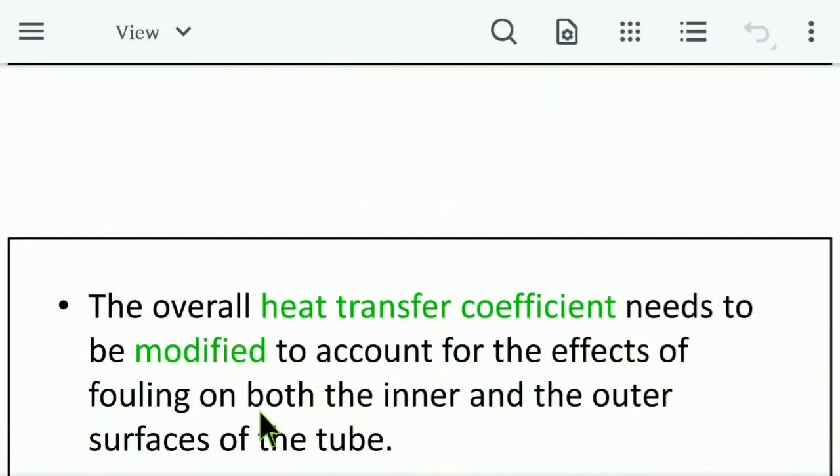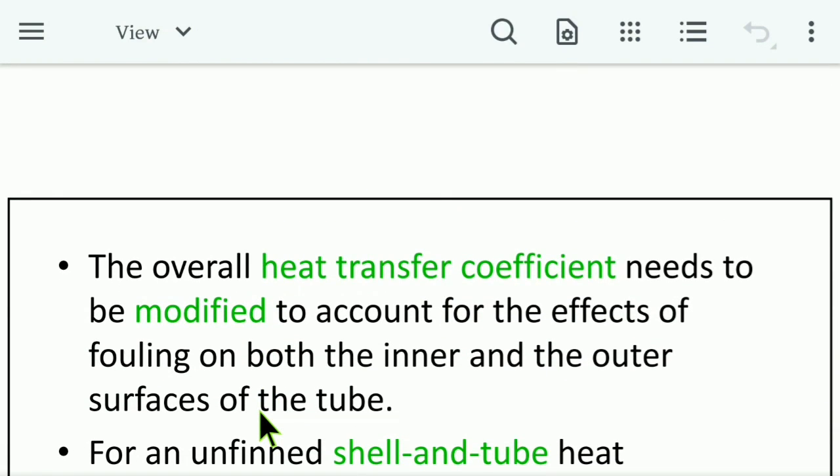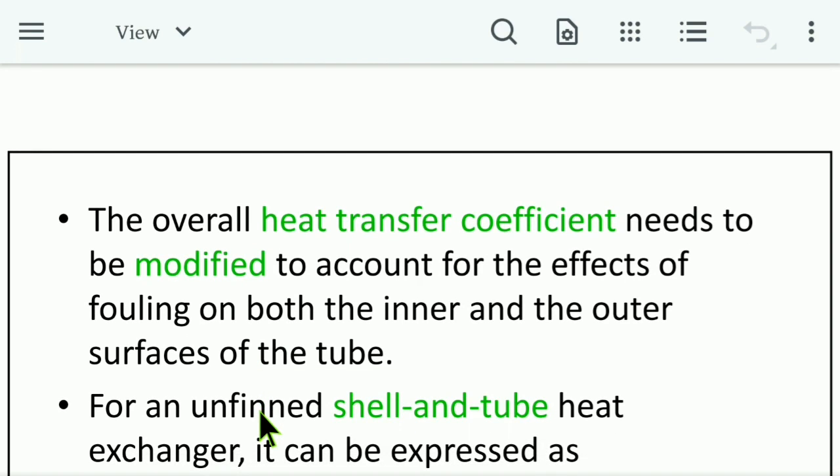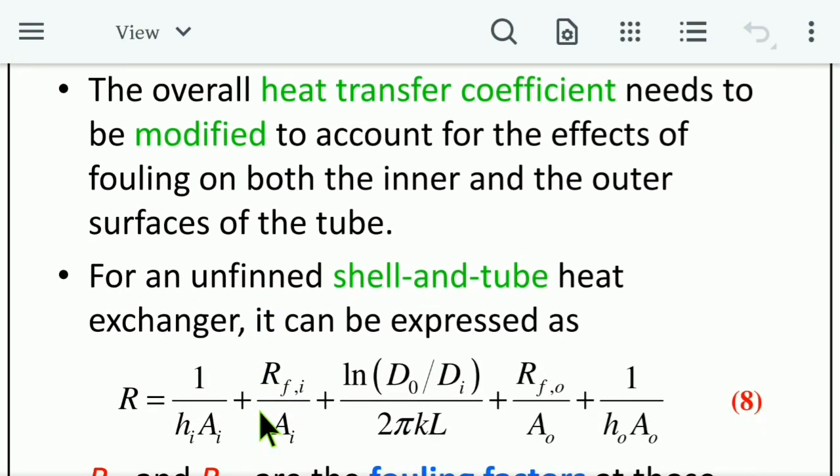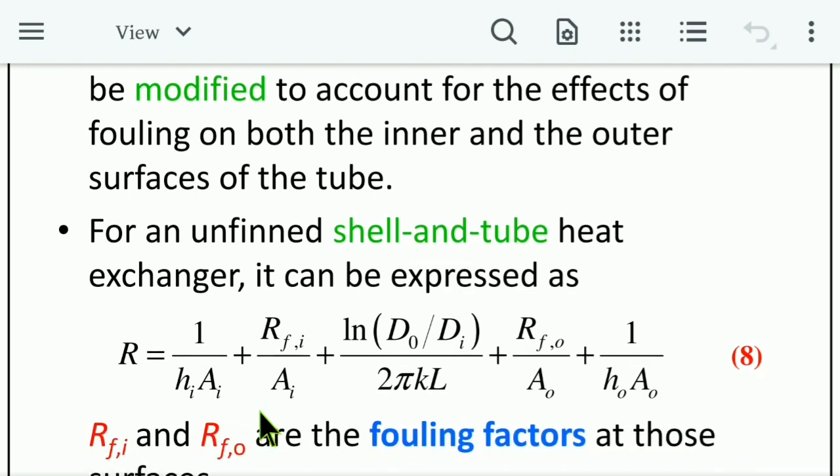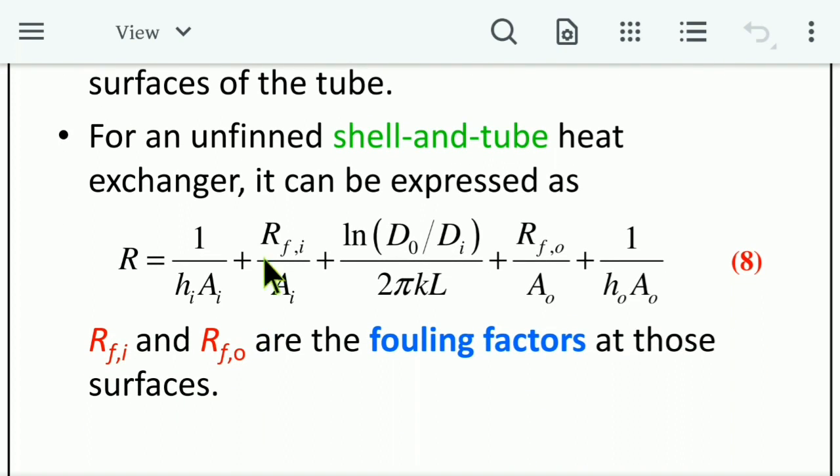The overall heat transfer coefficient needs to be modified to account for the effects of fouling on both the inner and the outer surfaces of the tube. For an unfinned shell and tube heat exchanger, it can be expressed as R equals 1 by HI AI plus RFI by AI for inner, plus ln(D outer by D inner) divided by 2 pi KL, plus RFO by AO for outer, and plus 1 by HO AO.